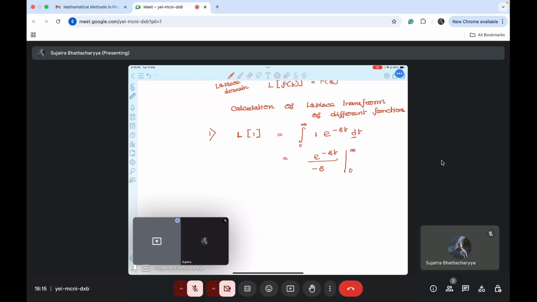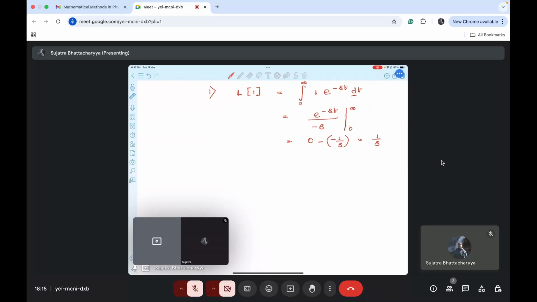So from 0 to infinity, what will happen? e to the power minus infinity is 0, minus e to the power minus 0, which is 1. So it will be minus 1 by s. So ultimately it comes out to be 1 by s. So the Laplace transform of 1 comes out to be 1 upon s.